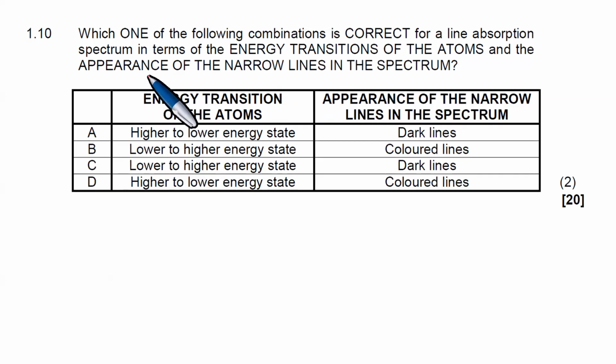So we're speaking about a line absorption spectrum in terms of the energy transitions of the atoms and the appearance of the narrow lines in the spectrum. Let's look at 1.10.